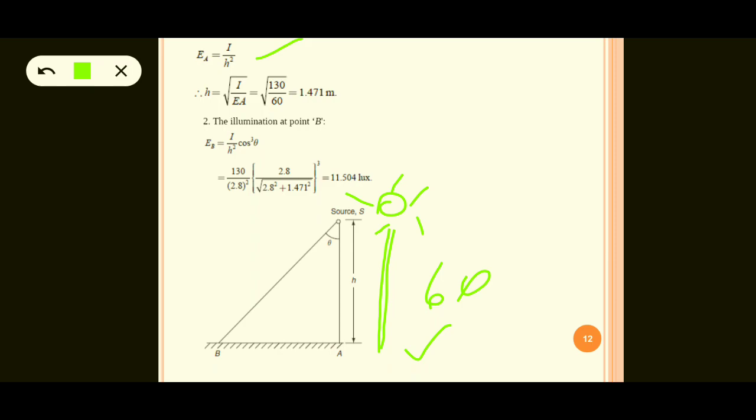So from this, E_A equals I by H square, so H equals under root I by E_A.